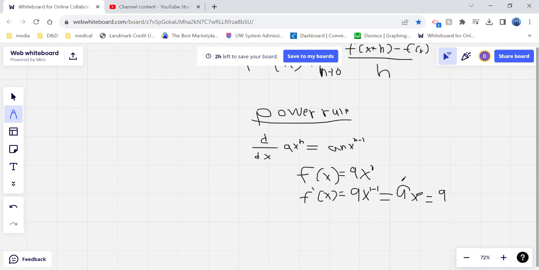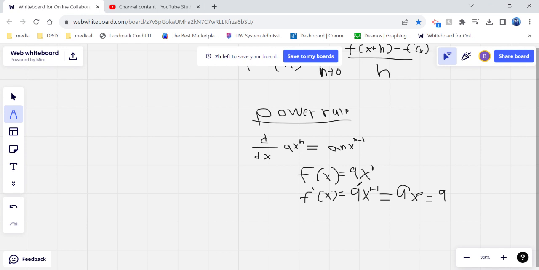So whenever you have a coefficient times just x, technically to the power of 1, the derivative of that function is that coefficient, which should make a lot of sense. Remember what a derivative is, it's the slope of that function. So if the function is linear, like 9x, that means its slope is constant.